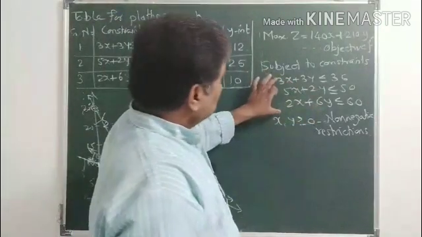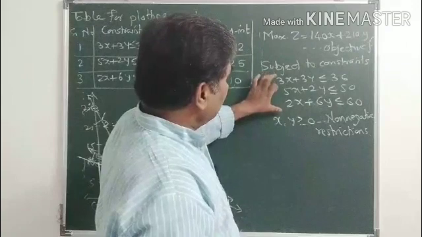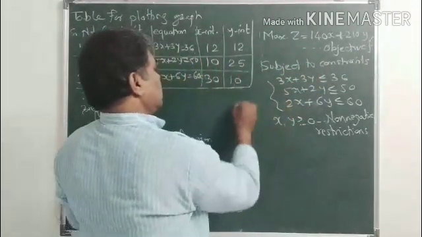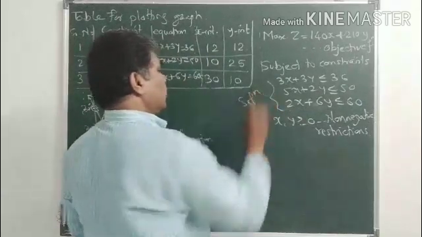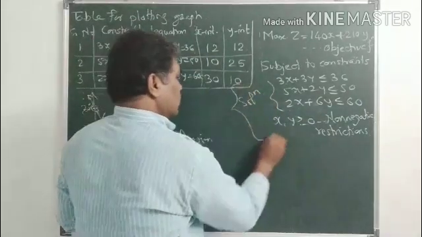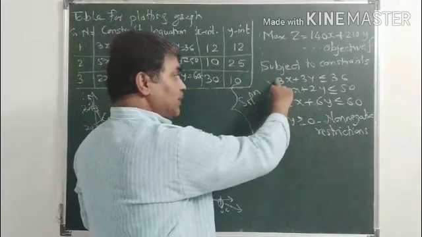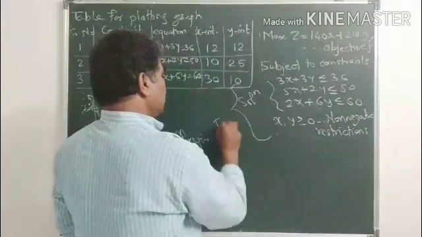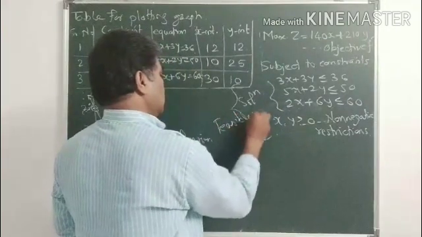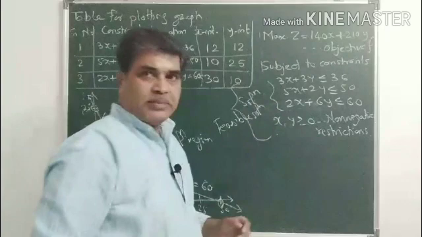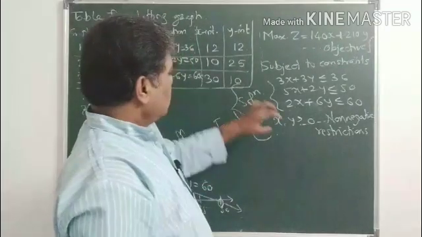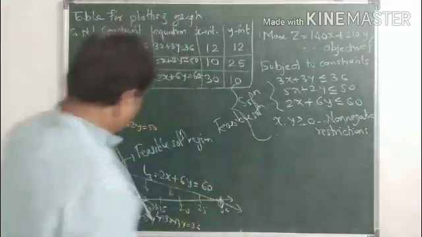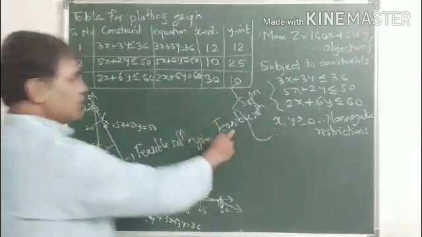So what is a solution of an LPP? Values of x and y satisfying just the constraints, that is a solution of the LPP. A feasible solution satisfies the inequalities and x, y greater than or equal to 0. So the solution set is a superset of the feasible solutions.